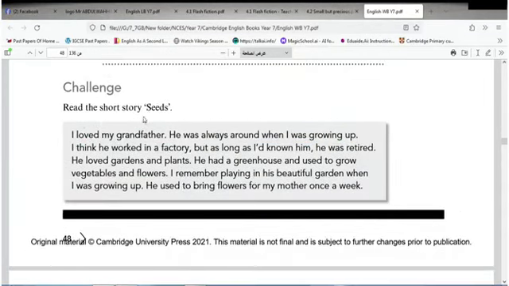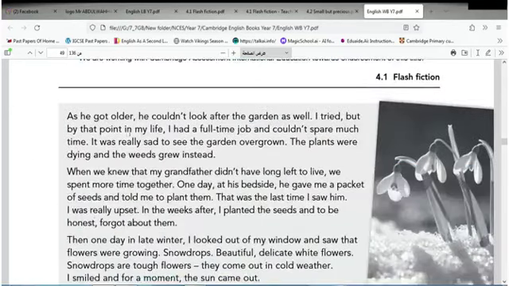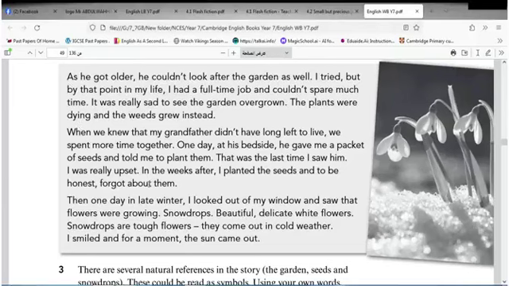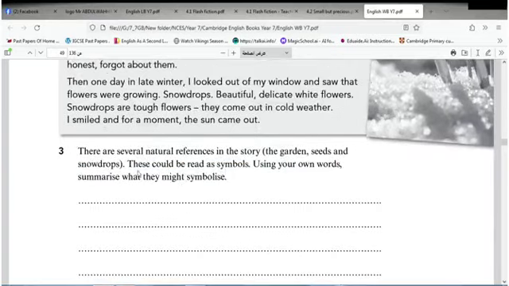And then we have the story seeds, which is a story that looks like the one which we read, the plant in the crack. And then they are asking us about some symbols inside it, like what the garden is, what the seed is, what the snowdrops are symbolizing.